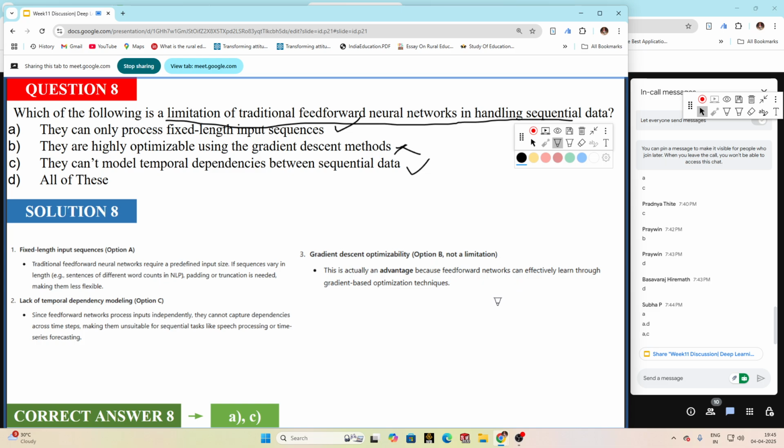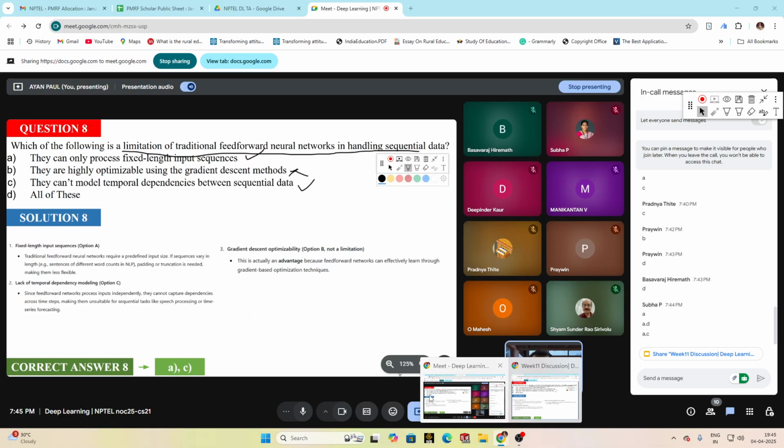In an RNN we have this limitation because we are doing back propagation over time and we have to multiply many terms, and we have the vanishing gradient problem or the exploding gradient problem. So option A as well as option C is the correct answer. Option B is actually the advantage of the traditional feed-forward network over the RNN.